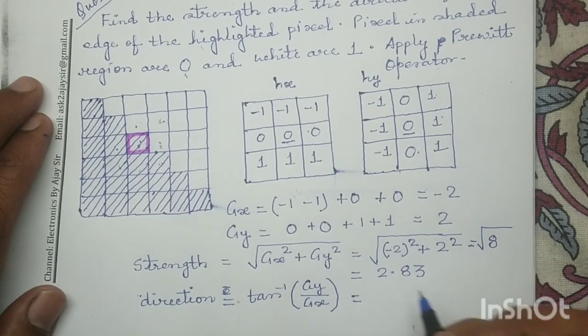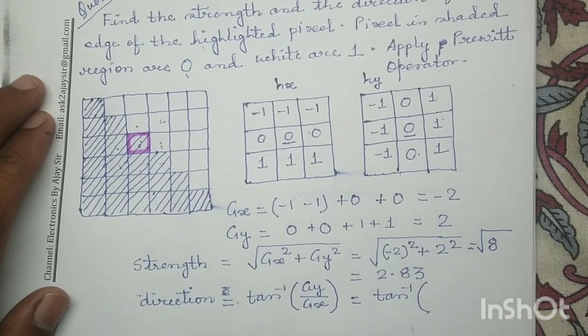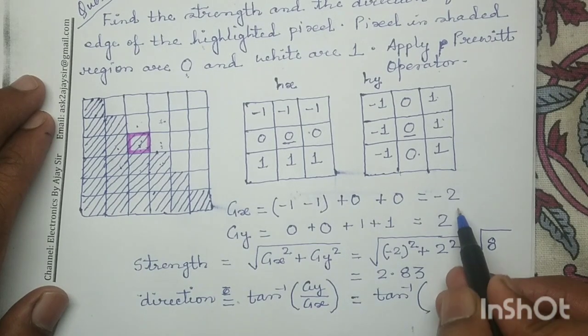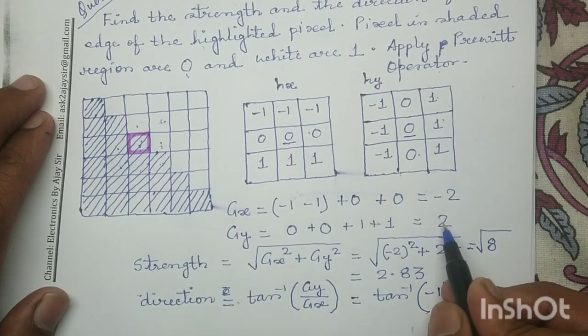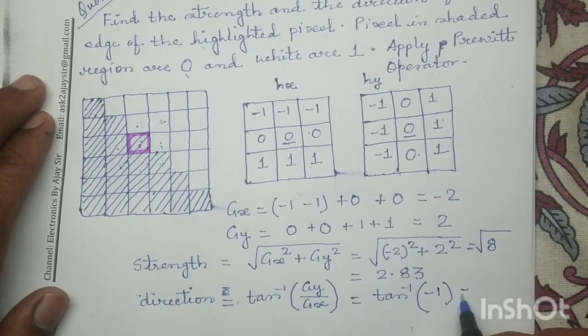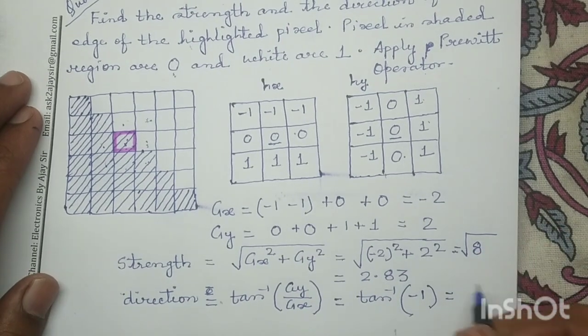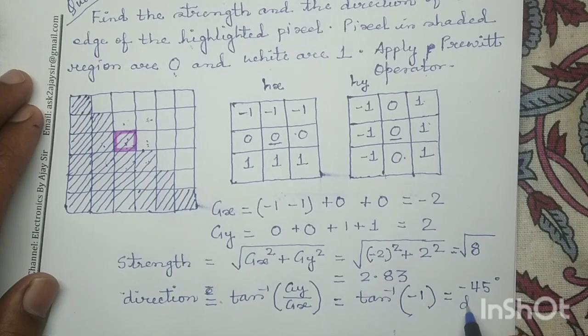So tan inverse of gy, which is 2, and gx, which is -2, so 2 divided by -2 becomes -1. And tan inverse of -1 in degrees is -45 degrees.